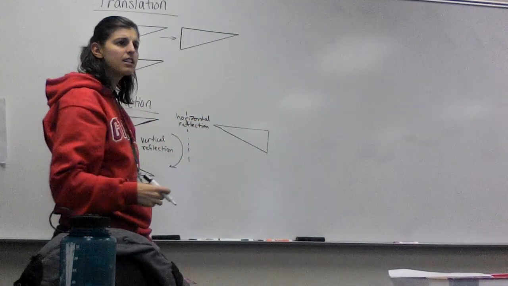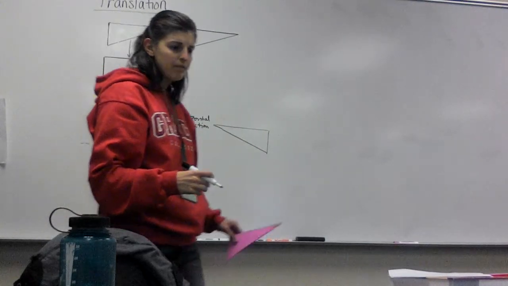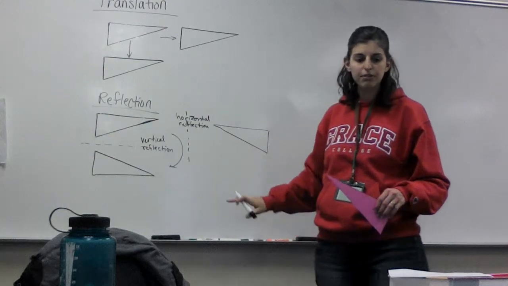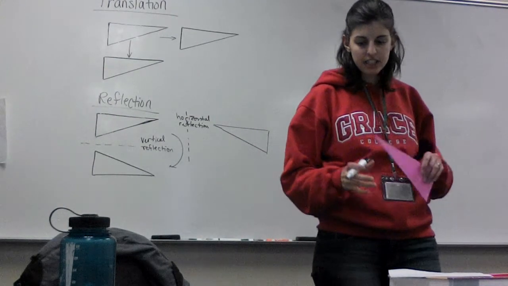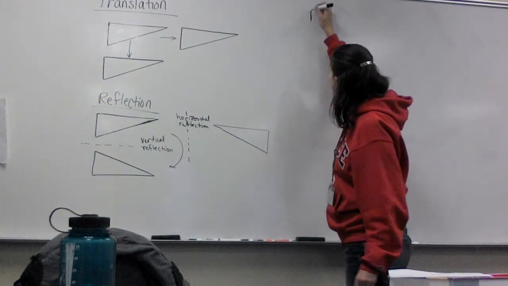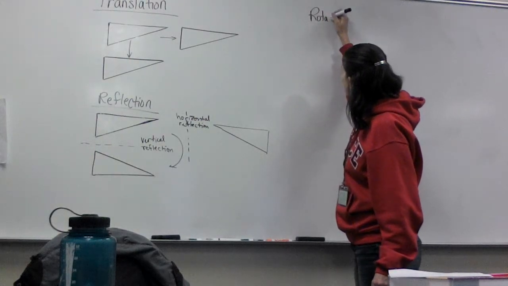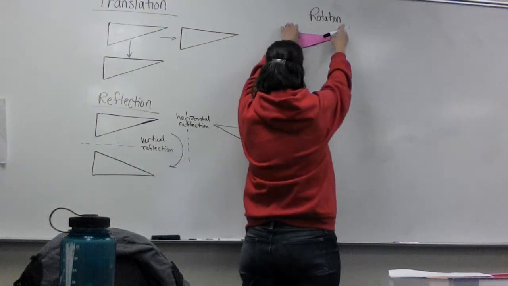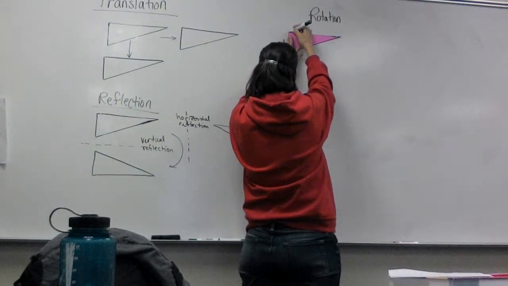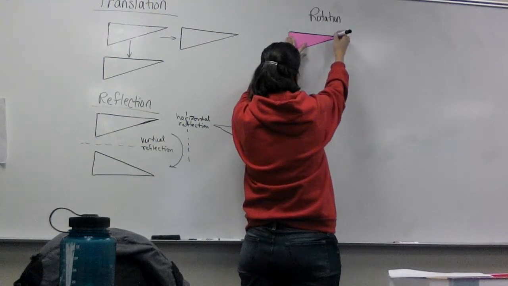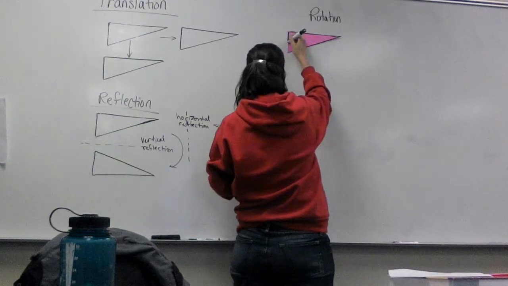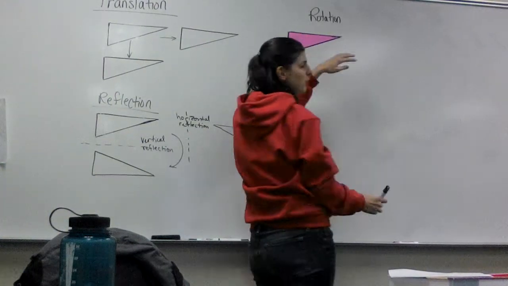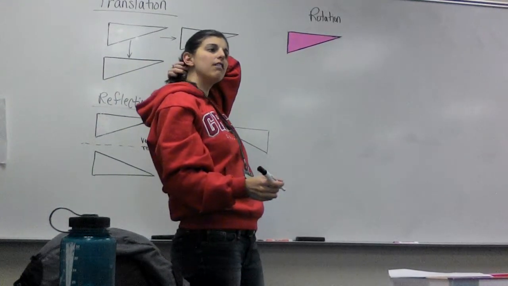Does that make sense? All right. This is a translation. This is a reflection. An example of reflections. A rotation is like a spin. So if I have this triangle right here, and I want to rotate that triangle, you first of all have to have a point of rotation.